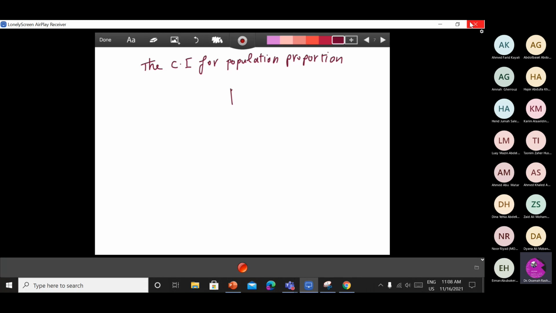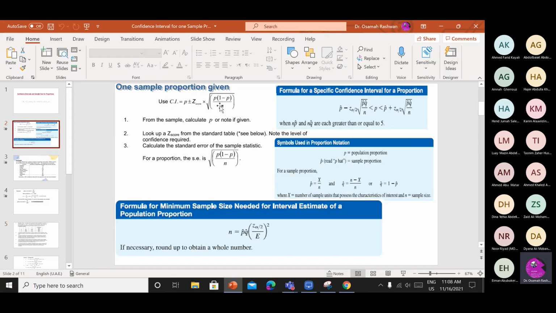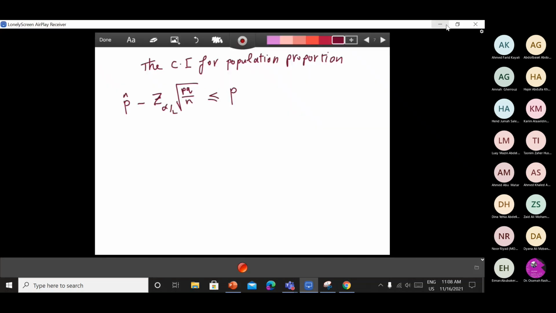It is P hat minus Z of alpha over 2 times the square root of P hat Q hat over N, less than P, less than P hat plus the same term. Is it correct? Yes, P hat Q hat over N.